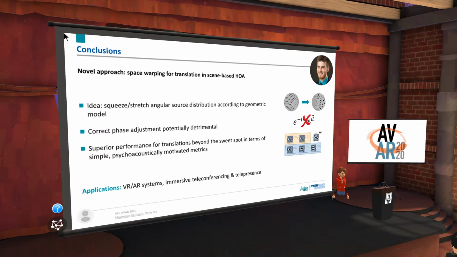And with our psychoacoustically motivated, very simple metrics, we achieved superior performance, even for translations beyond the sweet spot. And we see VR and AR systems, immersive teleconferencing, and telepresence as possible applications for our work. Thank you.